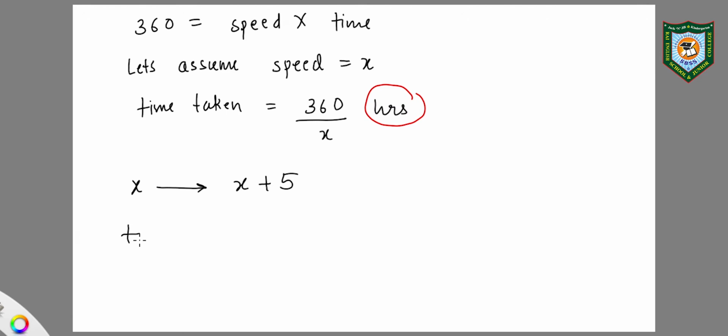So in the second statement, time taken is going to be equal to 360 divided by the new speed. Remember, in this case our speed has increased, so we need to take that new speed into account, which is x plus 5. So 360 divided by x plus 5 is the new time taken. Now, the statement says the speed of the train is increased by 5 kilometers per hour.